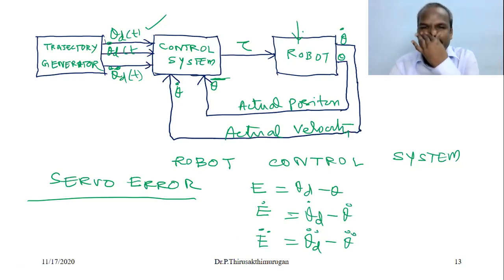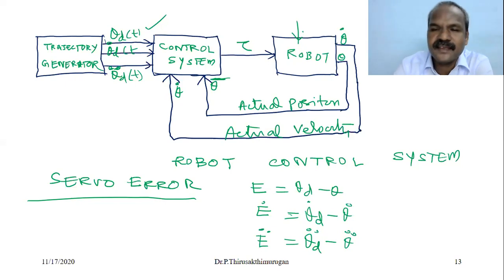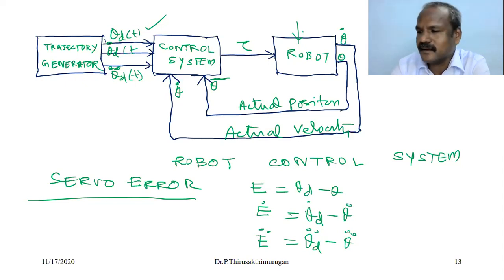Typically the feedback is used to compute the servo error by finding the difference between the desired position and the actual position. Likewise, we can calculate it for velocity also.